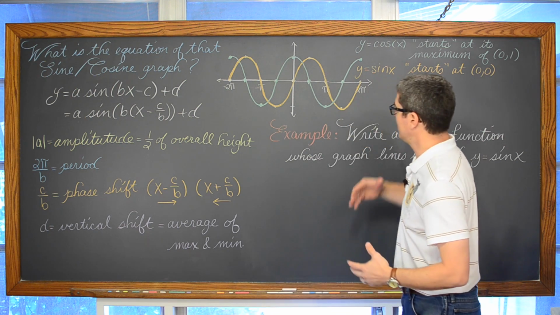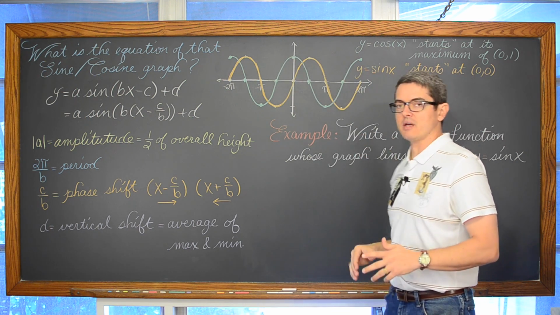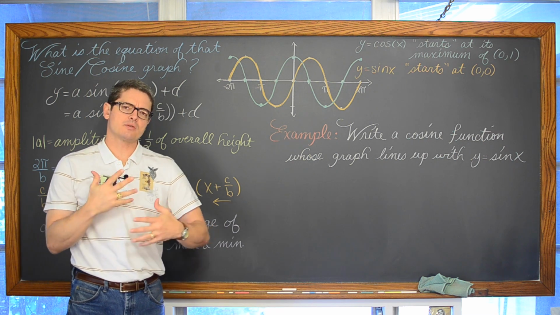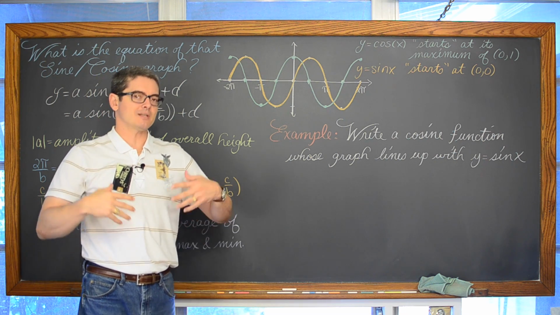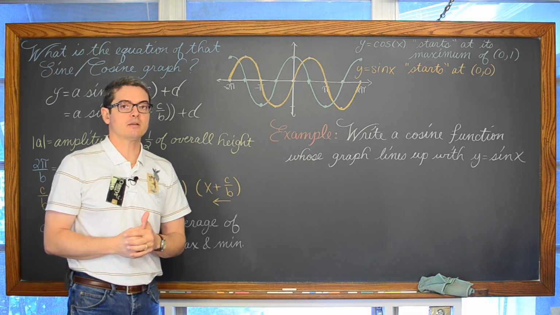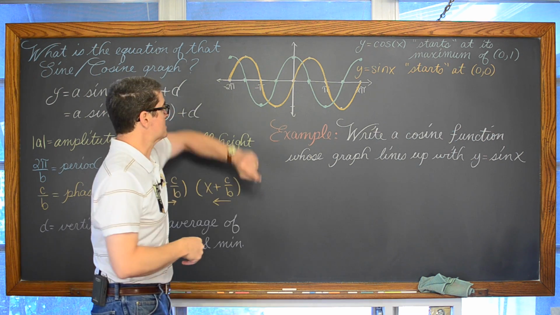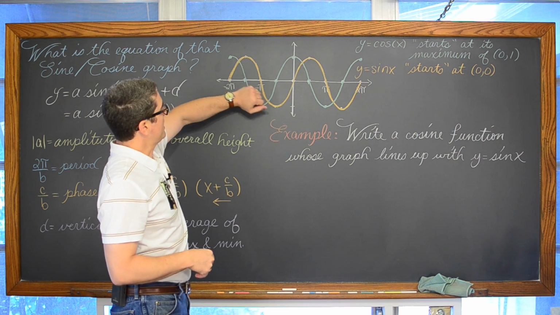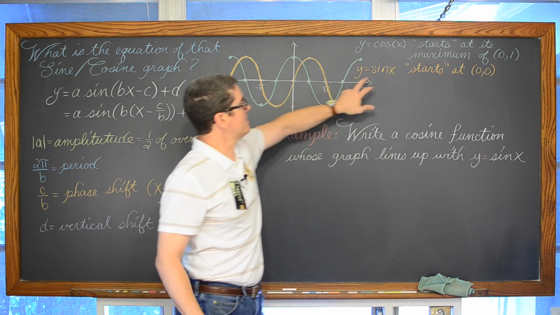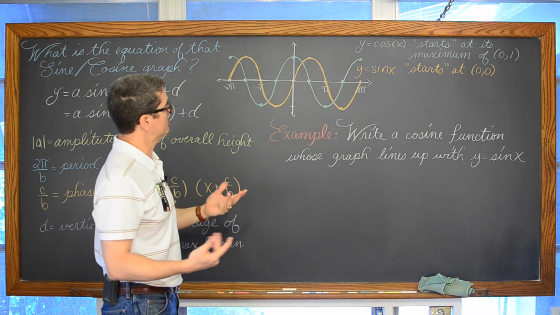The vertical shift, like when you look at a sine and cosine wave, and this is another example of why there can be almost an infinite number of equations you can come up with to represent a particular graph, and why you need restrictions when given these problems. We have in green the cosine graph, and in orange we have the sine graph. Well, look at them.